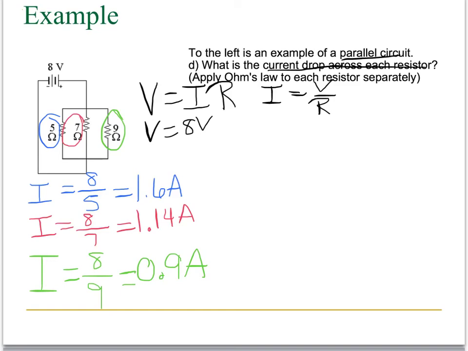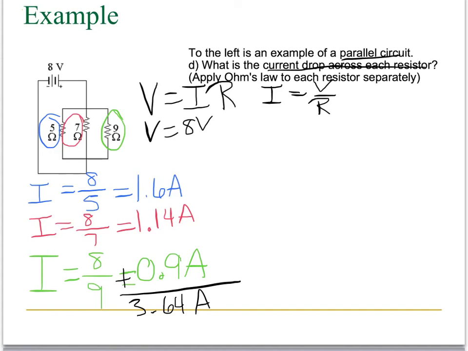If we take and add up all 3 of these currents, we get 3.64 amps. If we look back to the total current we calculated in part B of this sample problem, we also got 3.64 amps.